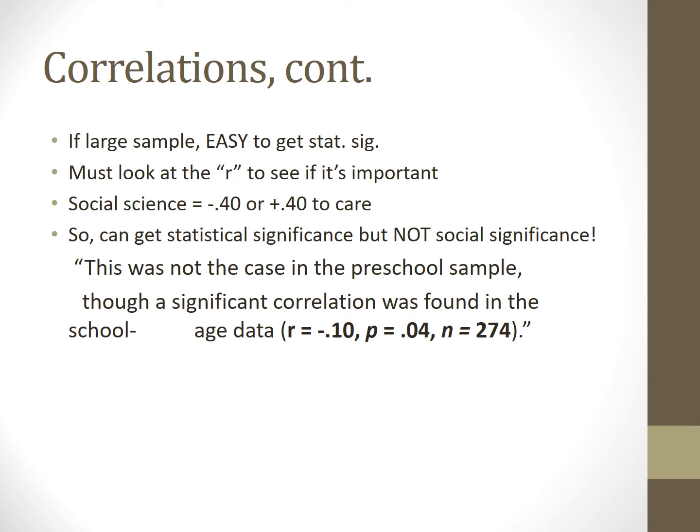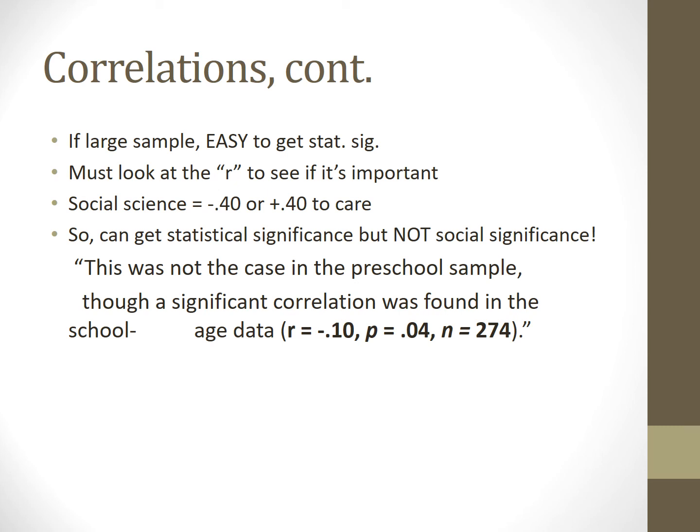Now when you have a large database, a large number of people, it's pretty easy to get statistical significance with correlations. So your task is to look at the R, the correlation statistic, to see if it is really an important result.